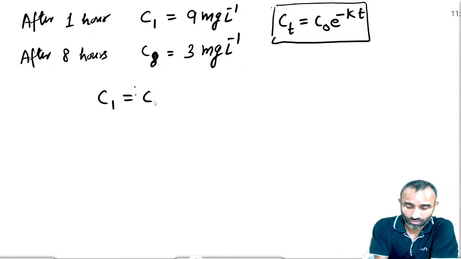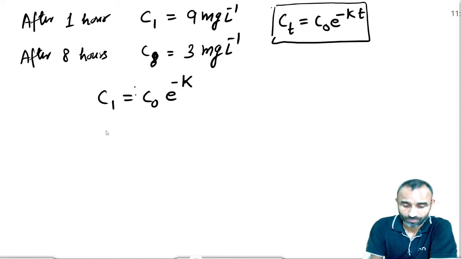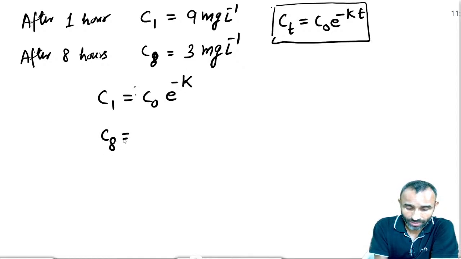At 1 hour: 9 equals C naught e raised to power minus k only. At 8 hours: 3 equals C naught e raised to power minus 8k.